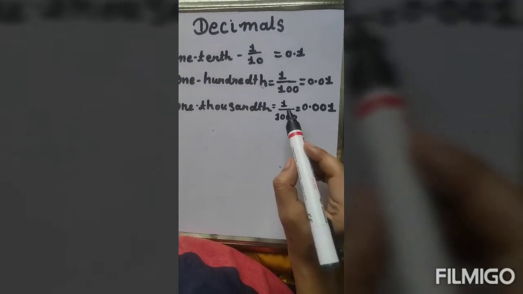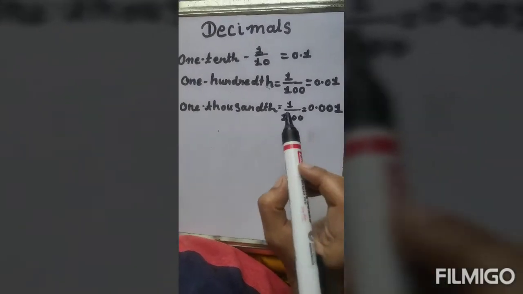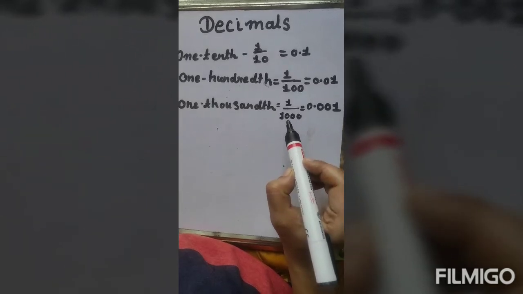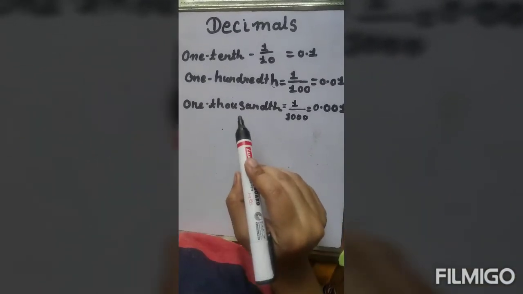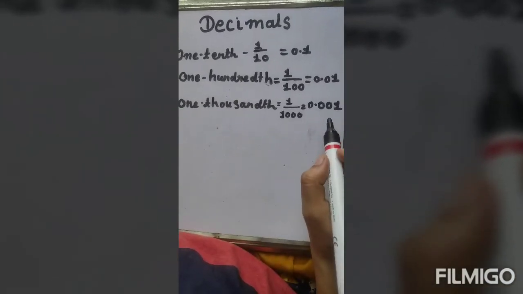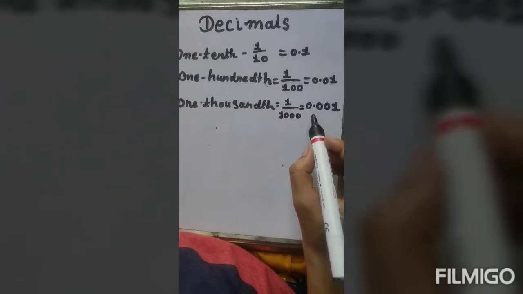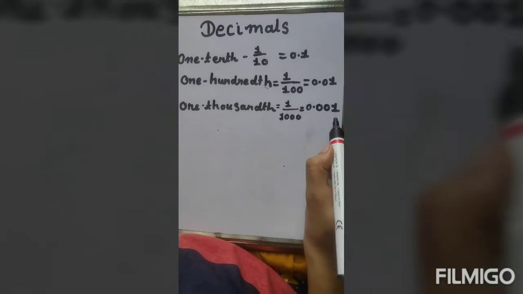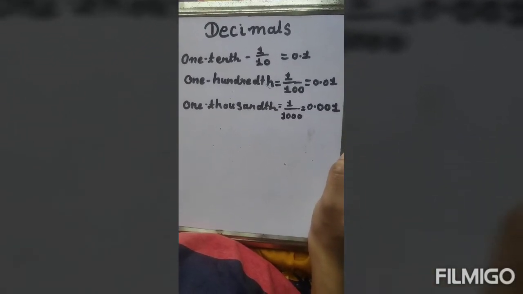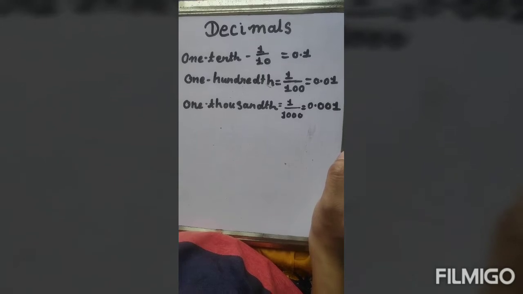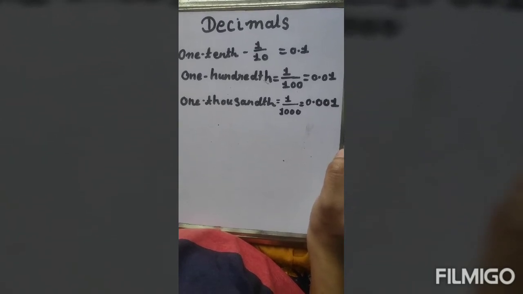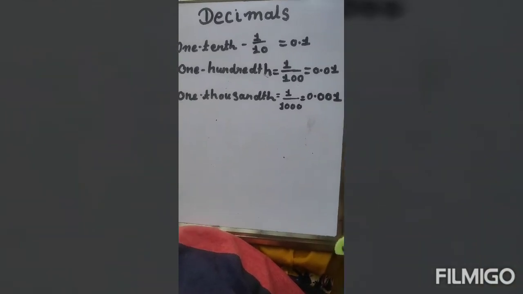When we divide one whole into 1000 equal parts and we take 1 out of 1000, then it is called one thousandth, and we represent it in the form of decimals as 0.001.